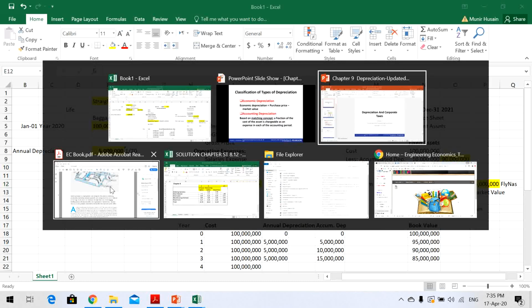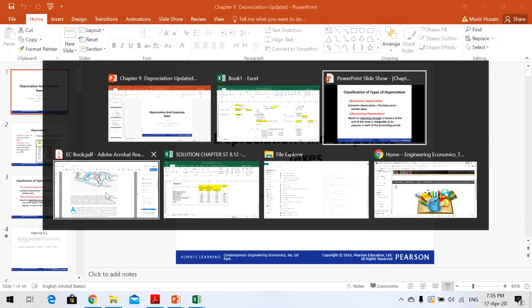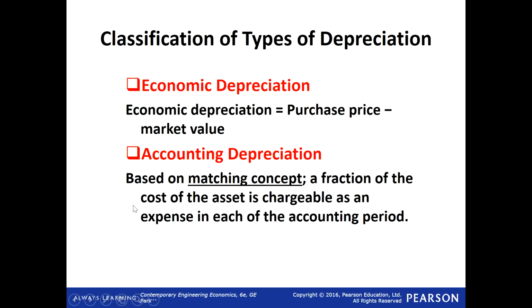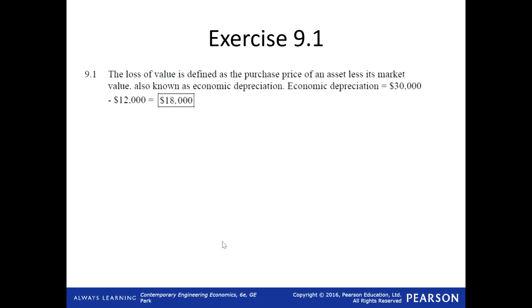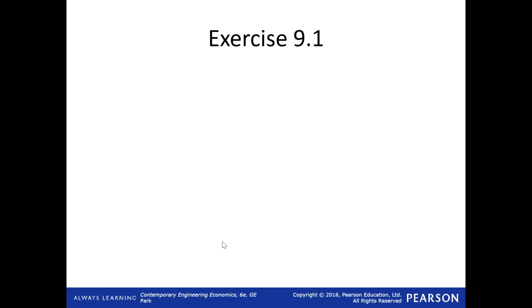This is what they are saying here, and this is what we have done. It is based on the matching concept: a fraction of the cost of the asset is chargeable as an expense in each accounting period. Now, exercise 9.1, which is about economic depreciation, on page number 506. I'll show you.